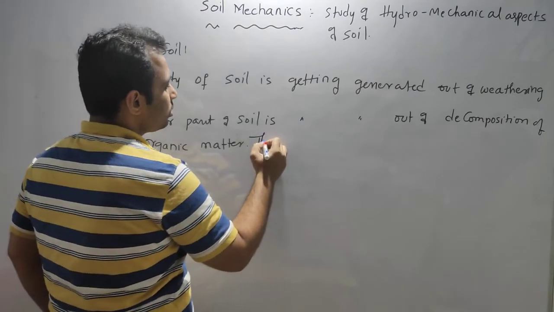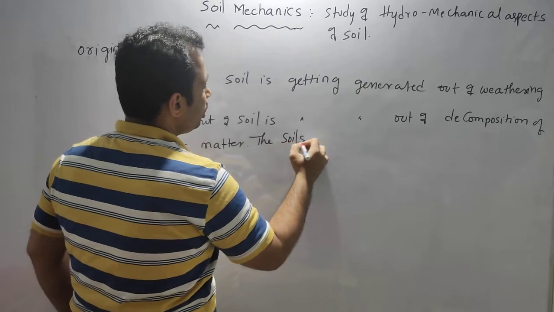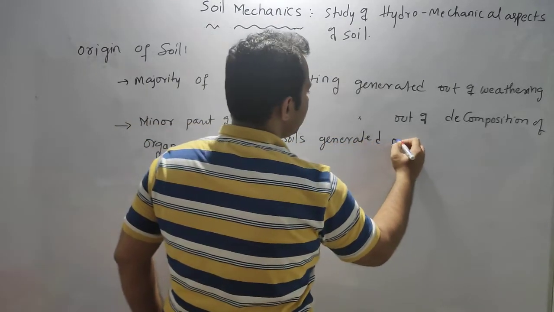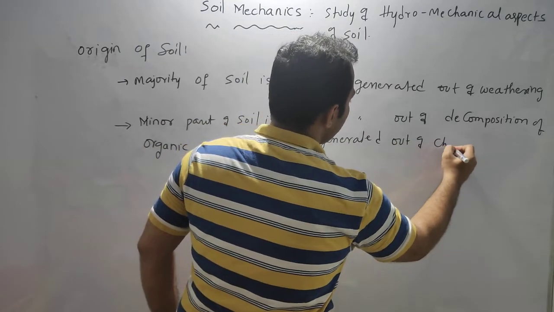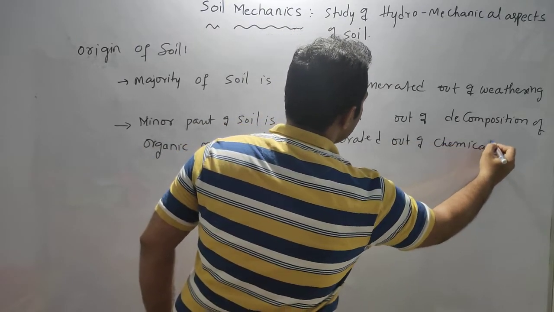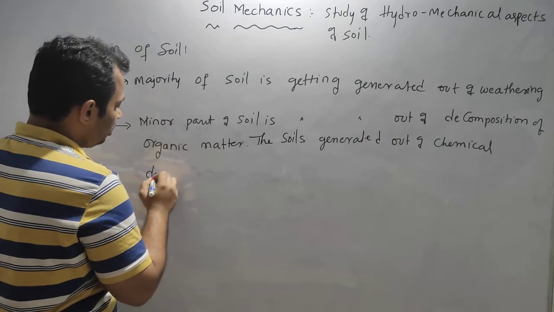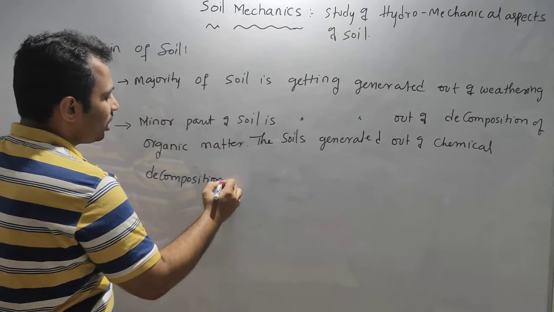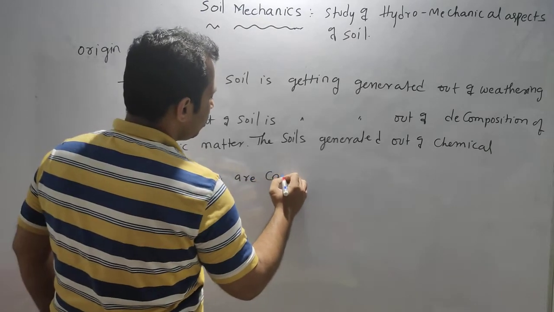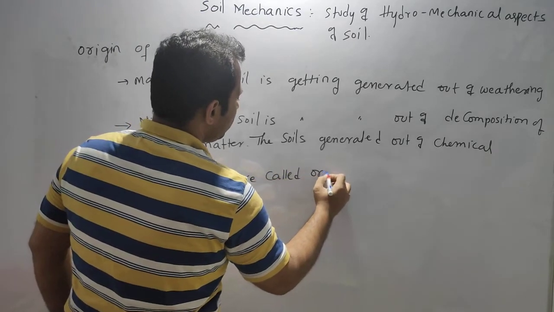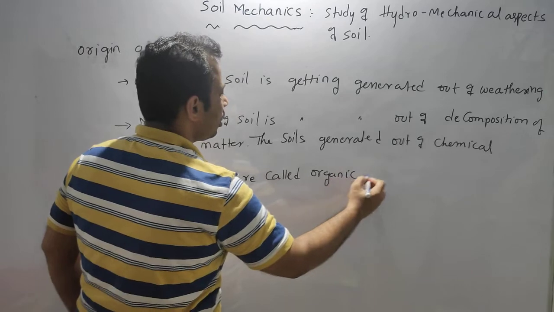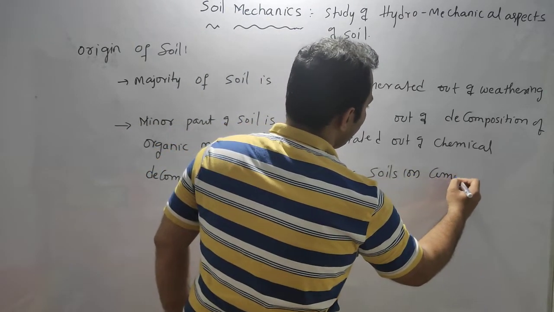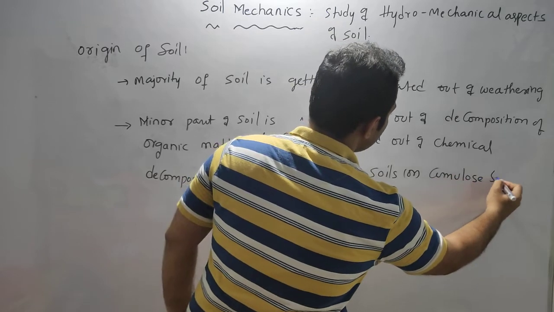The soils generated out of chemical decomposition are called organic soils or cumulose soils.